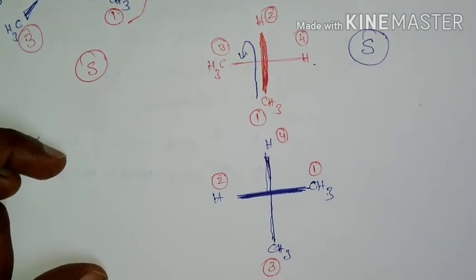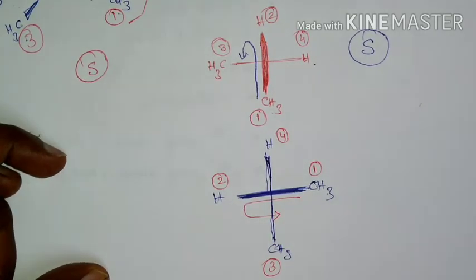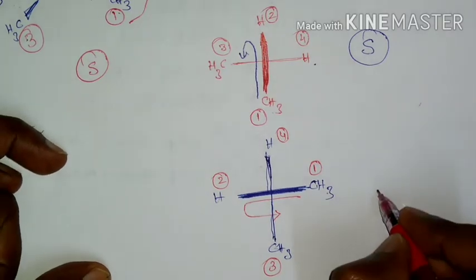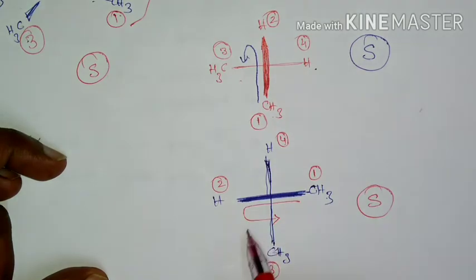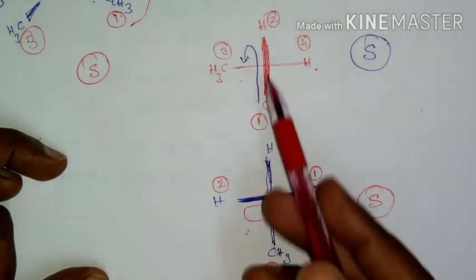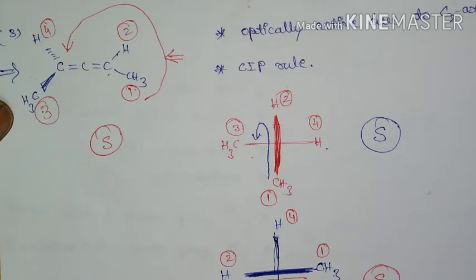Now if I see the priority movement, that is 1, 2, 3. So again it will be S configuration. Okay. So these two are through viewing the molecule, and this one is by direct.